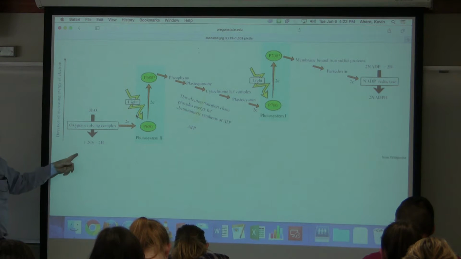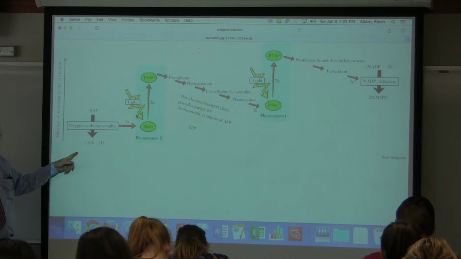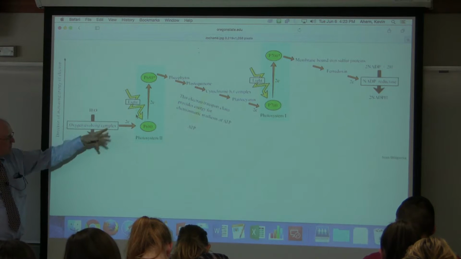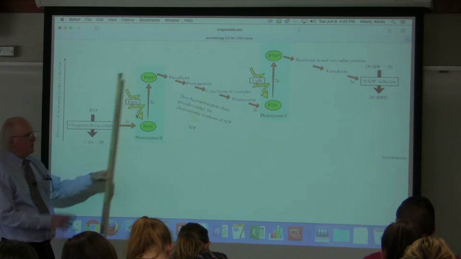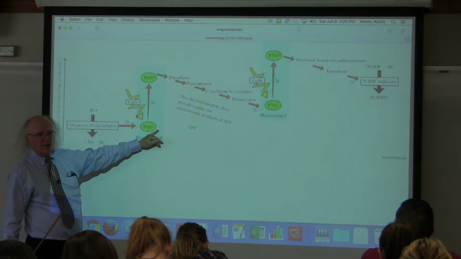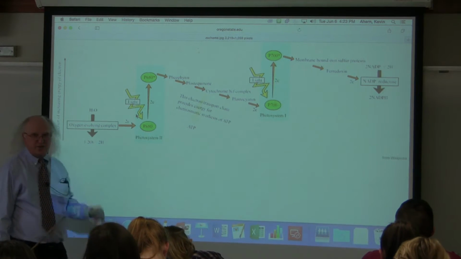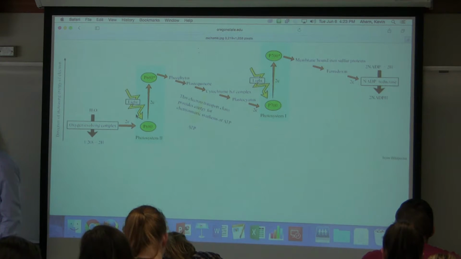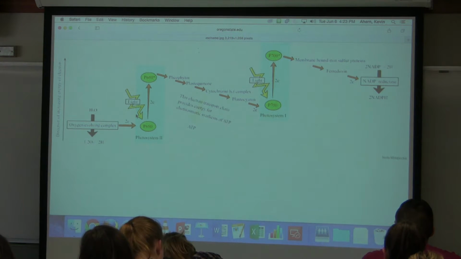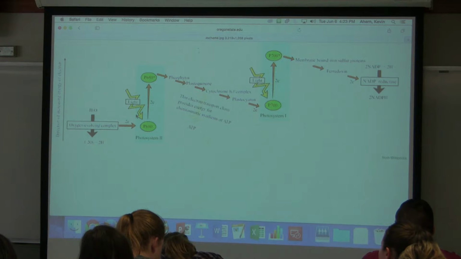And that leaves behind oxygen. So the very first things that are happening, the excitement of electrons, the robbing of electrons, again yield oxygen. Now I'll slow down and stop there and see if you have any questions.